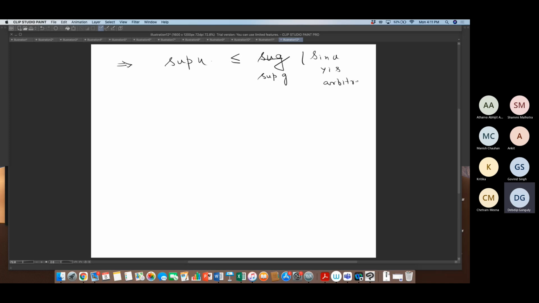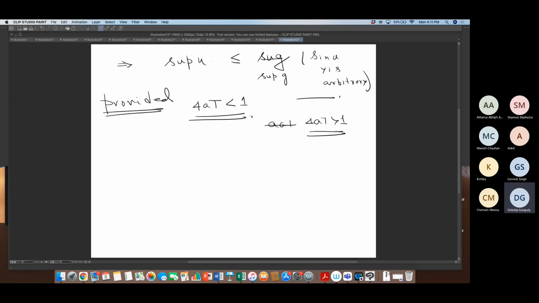Is that clear? The proof is clear. So this proof is done provided that 4aT is less than 1. Now tell me, suppose 4aT is greater than 1, what will we do? Anyone? What will you do?